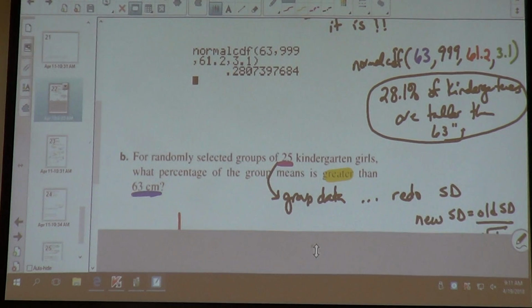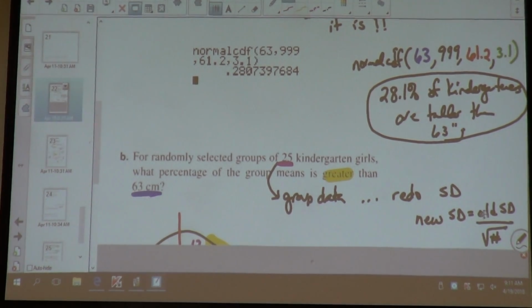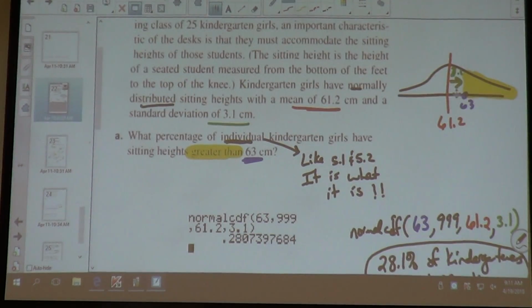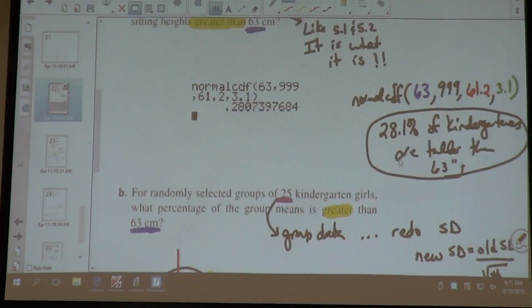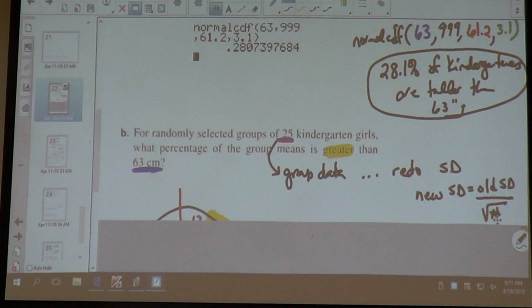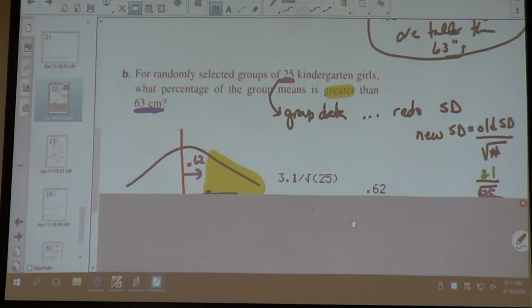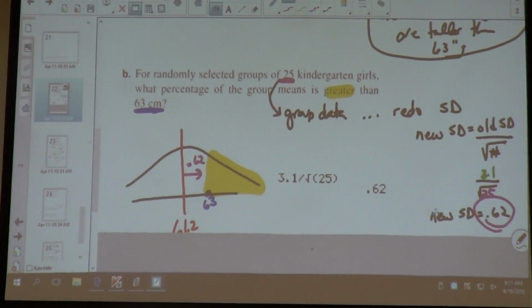That means take your old deviation, 3.1, divided by the square root of the size of the group, 25, because we have 25 girls in the picture. So my new standard deviation is 3.1 divided by the square root of 25, which is 0.62. Okay, we good?